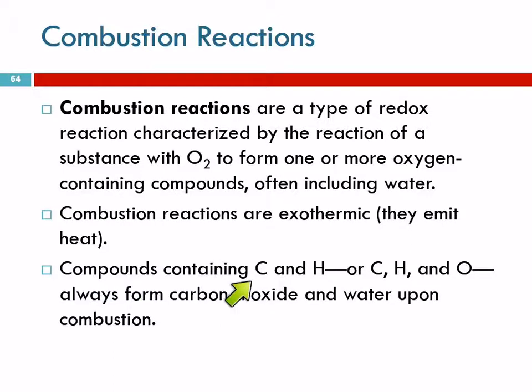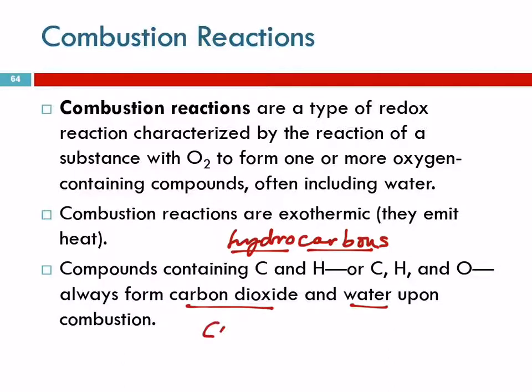When we have compounds containing carbon and hydrogen, those are called hydrocarbons, by the way. That comes up in the lab. Or if you have compounds that are just carbon, hydrogen, and oxygen, when those combust, they always form the same two things, which is really nice: carbon dioxide and water.